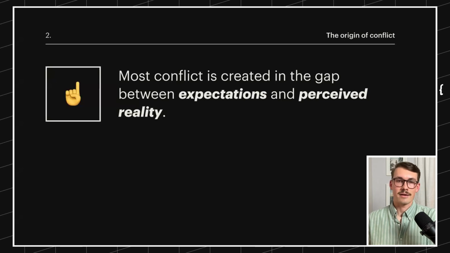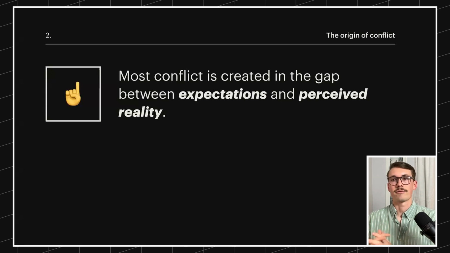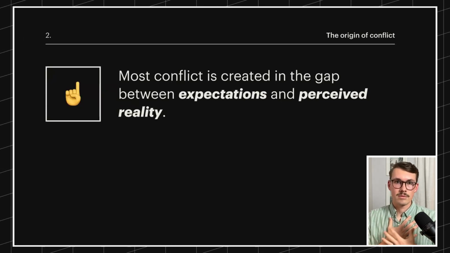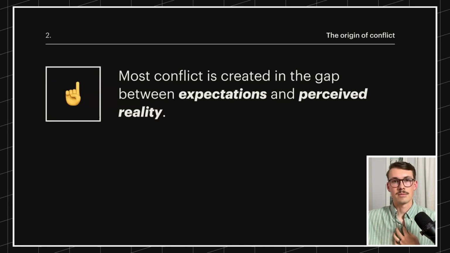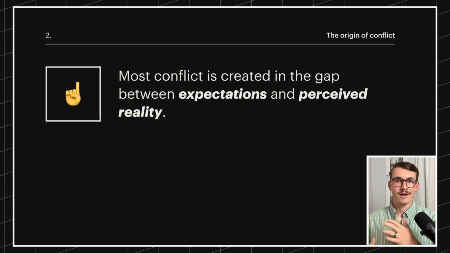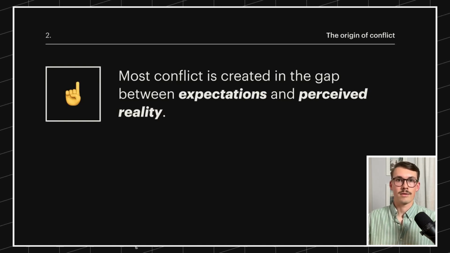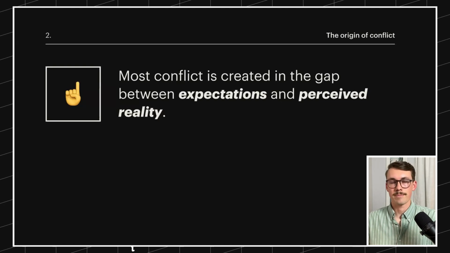I think perceived reality is almost more important than the actual reality when we're navigating conflict sometimes, because it's about what we perceive to be true or what the client perceives to be true. And then the work of managing conflict is aligning our expectations with the actual reality of the situation.